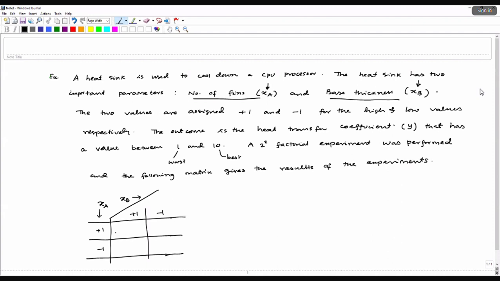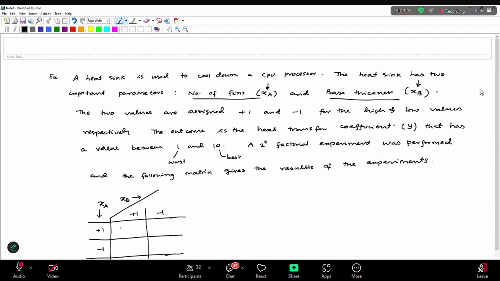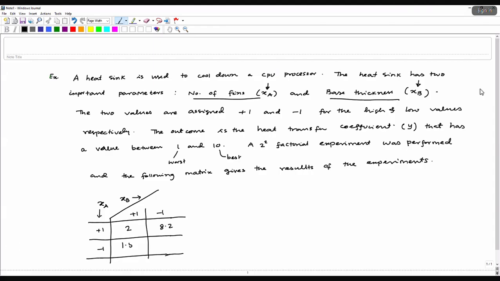So when XA is +1, XB is +1, you get a value 2. When XA is +1, XB is -1, you got a value 8.2. When XA is -1, XB is +1, you got a value 1.5. And when both are low, you get a value of 3.5. So this is the table.